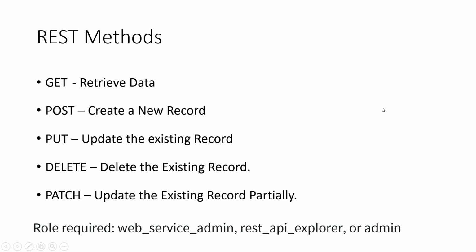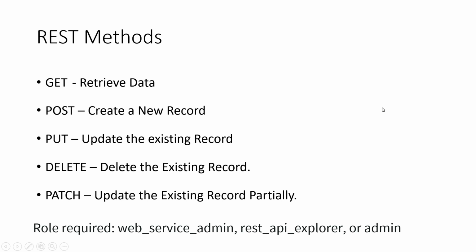The next one is the DELETE methodology. DELETE means deleting an existing record. For example, if I need to delete some records, I can do it by using the REST methodology. That's very important, so that's why there is a REST method called DELETE. The next one is PATCH. PATCH means updating an existing record partially.